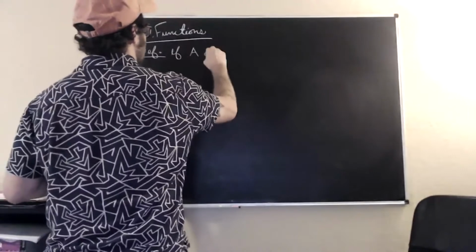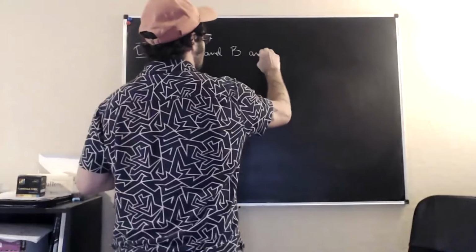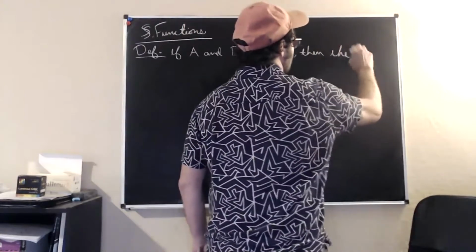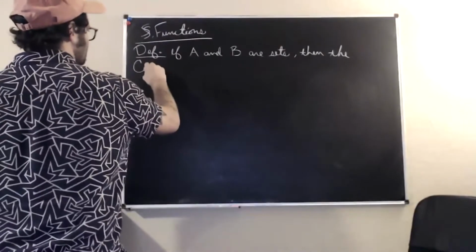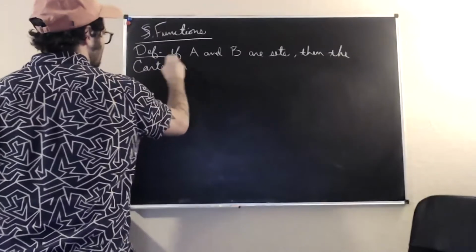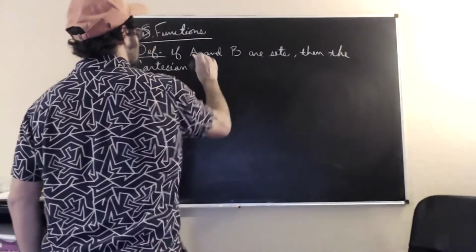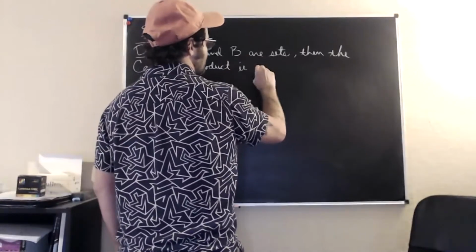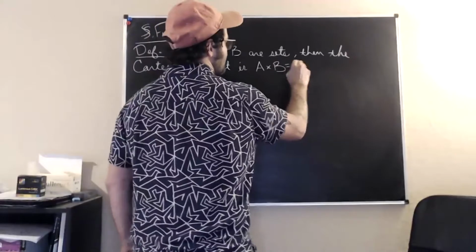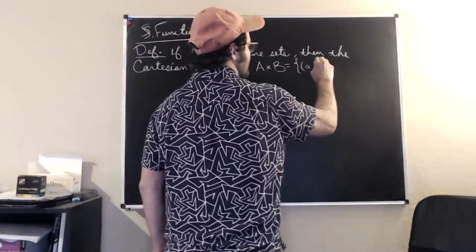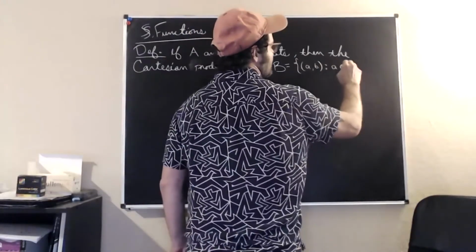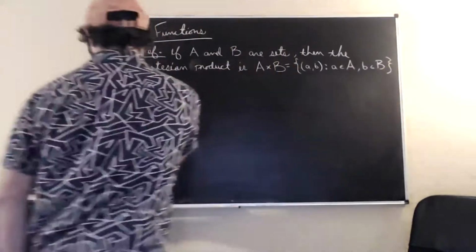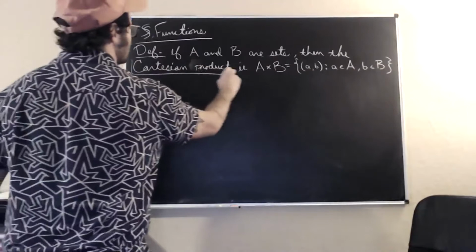If A and B are sets, then the Cartesian product, with lowercase b here, is the set A times B, which is equal to the set of all ordered pairs (a, b) such that little a is in capital A and little b is in capital B. Okay, so this is the Cartesian product.